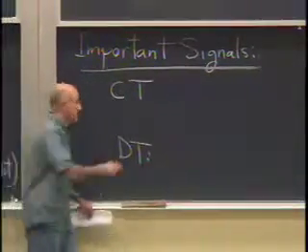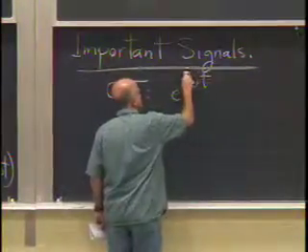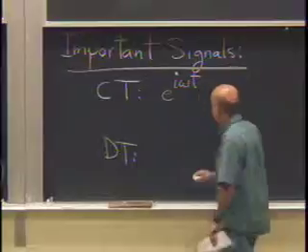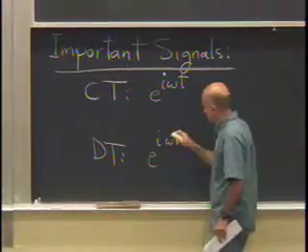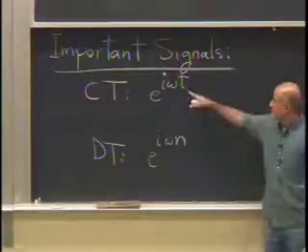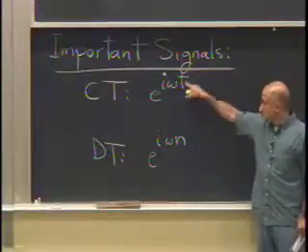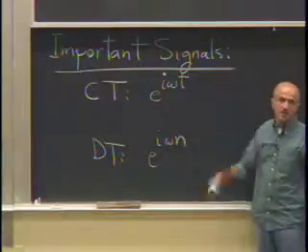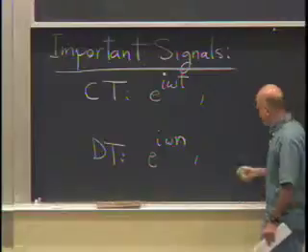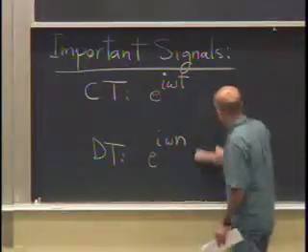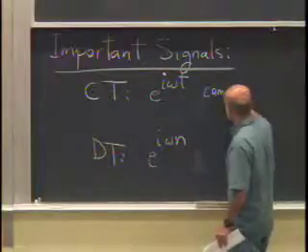These signals are the complex exponential, and its discrete time counterpart will be e to the i omega n. So t is the time variable, n is the sample. It's this one. I'll say a lot more about this later today. So this is the complex exponential.